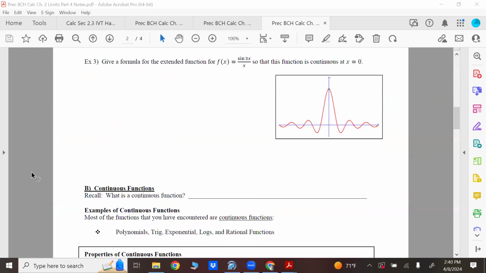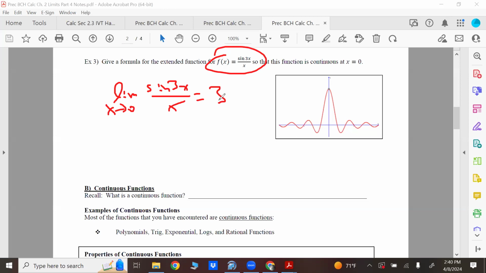There's definitely a hole at x equals 0, or at (0, 3). We talked about this already, right? If you take the limit, that's something we talked about in an earlier section. So if you want to write an extended function, in this case, I have to do it piecewise. Sometimes I don't have a choice.